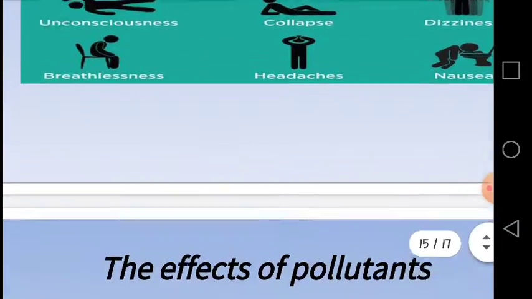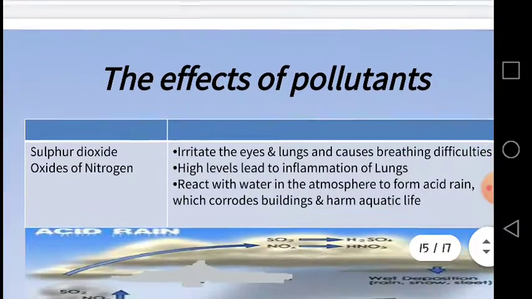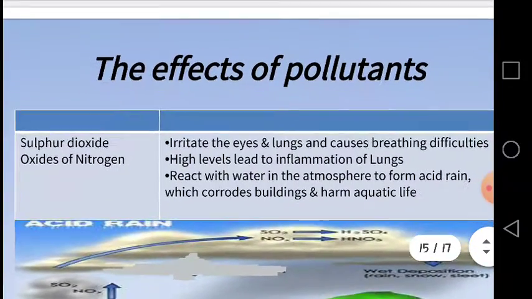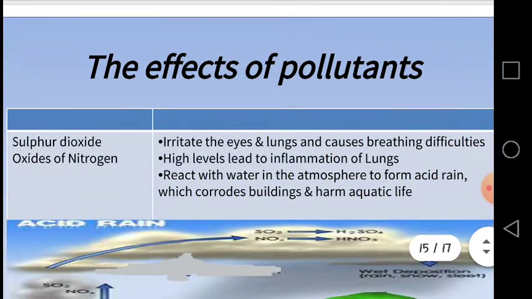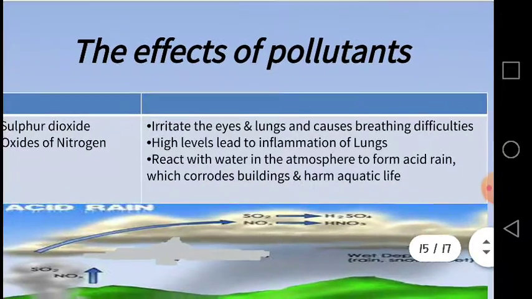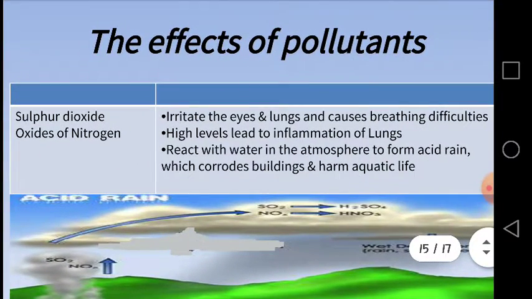Now we are going to focus on the effects of the other pollutants, specifically sulfur dioxide and oxides of nitrogen. You can see the effects of these poisonous gases. They irritate the eyes and the lungs and cause breathing difficulties in humans and other living organisms, specifically animals.